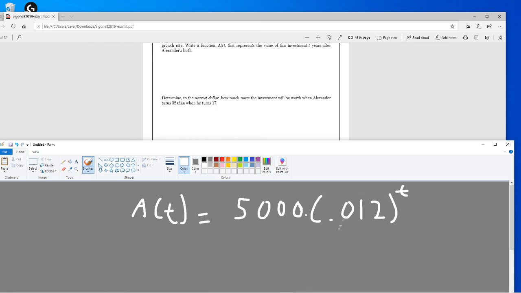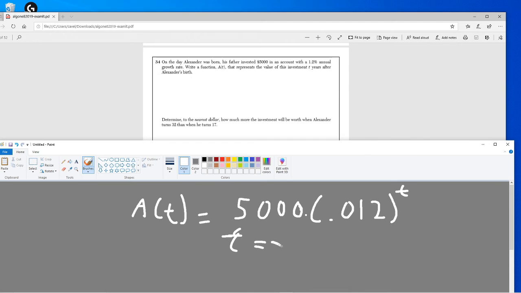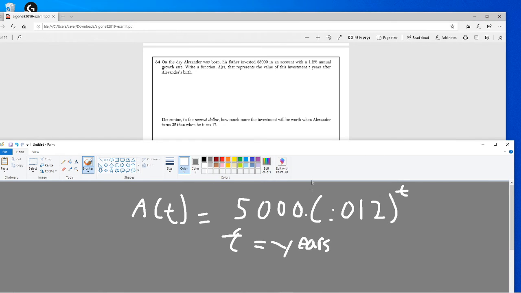So, in other words, t is equal to years, or years after Alexander is born, right? And you can see how this works. So here's what happens.